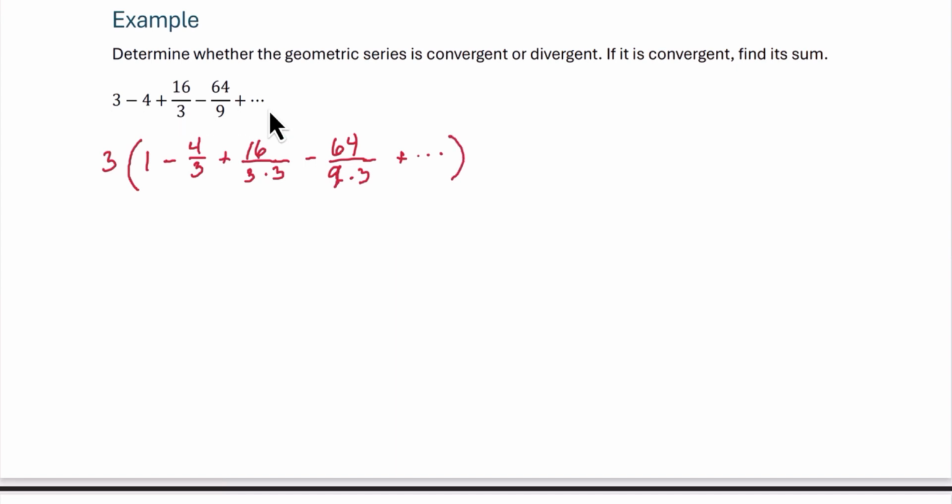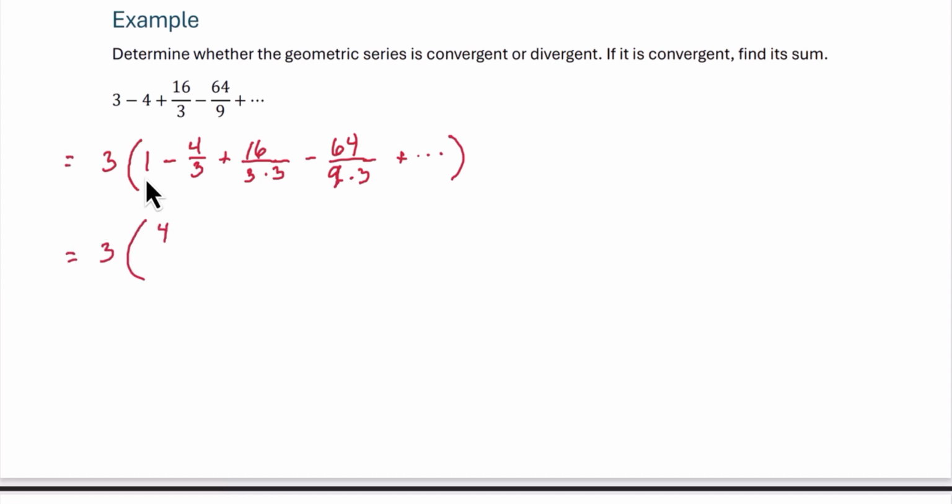Next, in the numerator, notice that it looks like we're getting powers of 4. We have 4 to the first, 4 squared, 4 cubed, and over here in the first one it would be 4 to the 0. And in the denominator, it looks like we've got powers of 3. We've got 3, 3 squared, 3 to the third, and again this one would be 3 to the 0. So let's rewrite it with that notation.